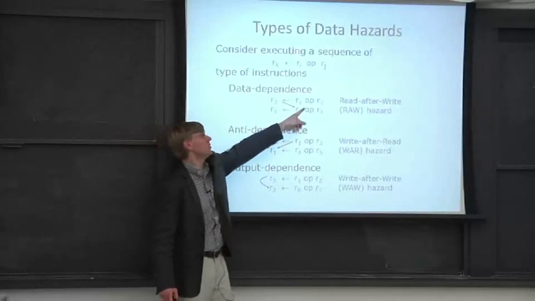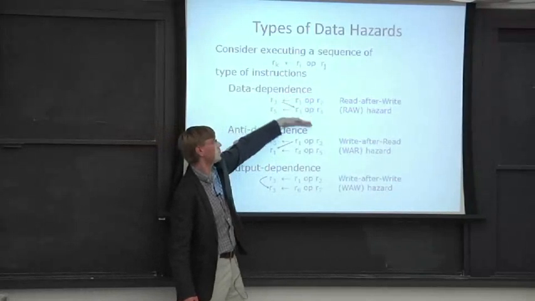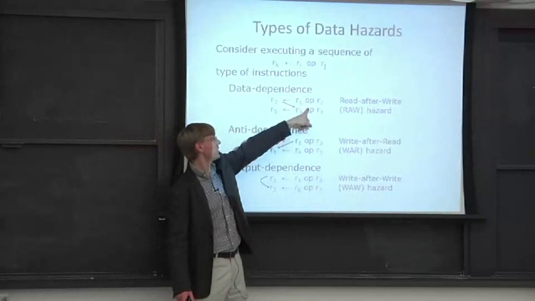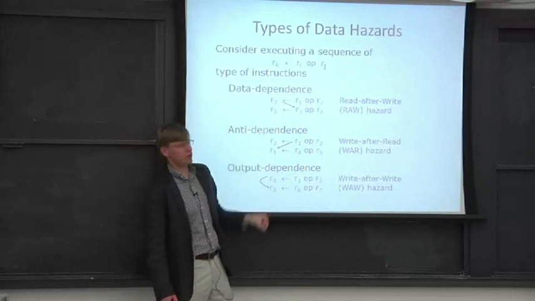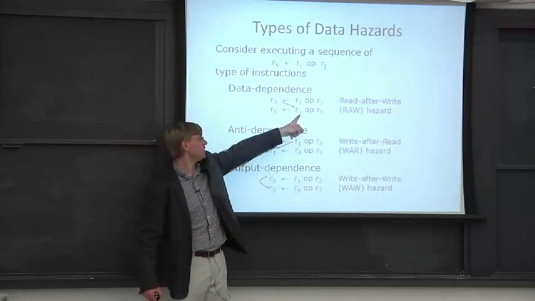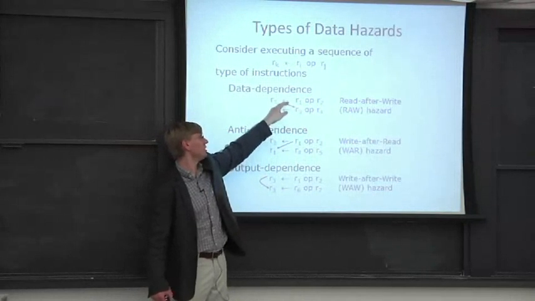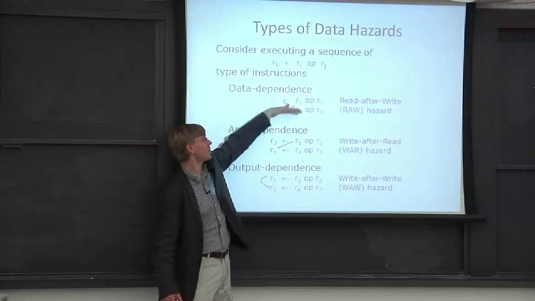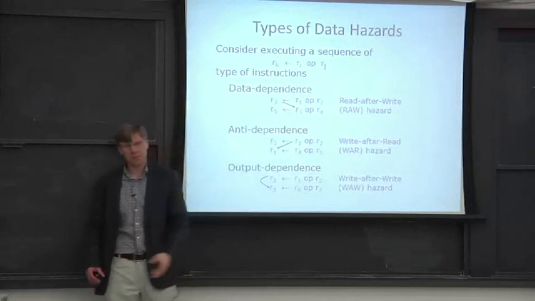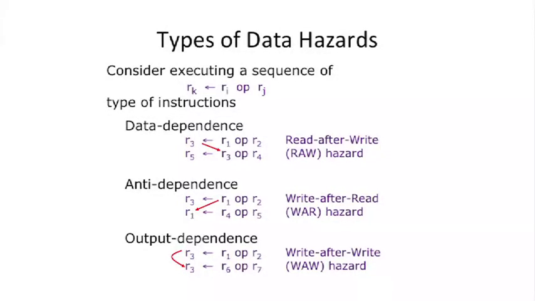In this example, if time goes down, this operation is going to store into register 3, and then this instruction is going to read from R3. So you need to make sure that this happens before that, because you need the value here. We talked about this already in our data hazards. This is the most classic data hazard, a read after write hazard.